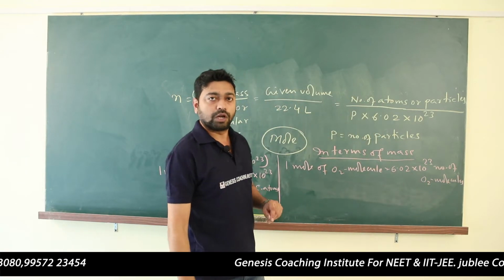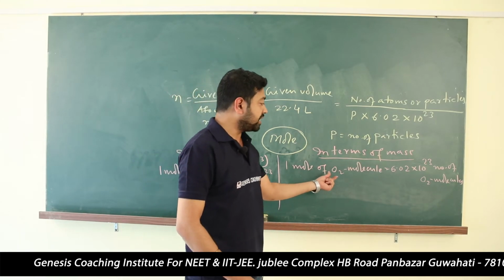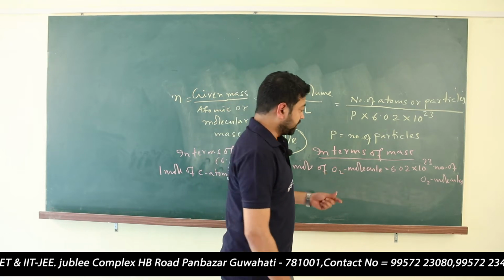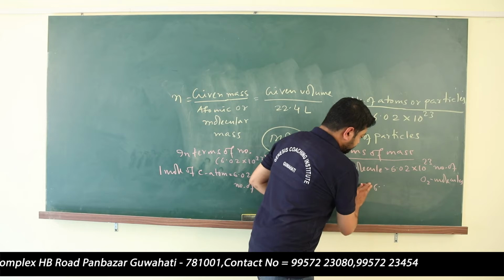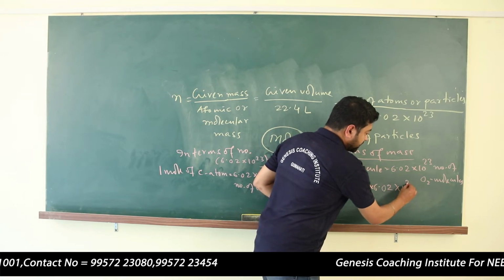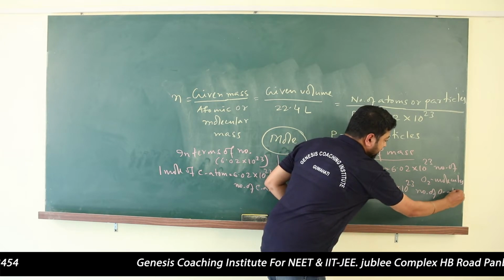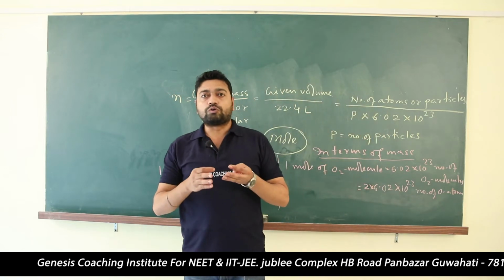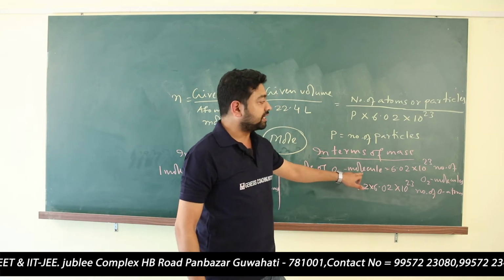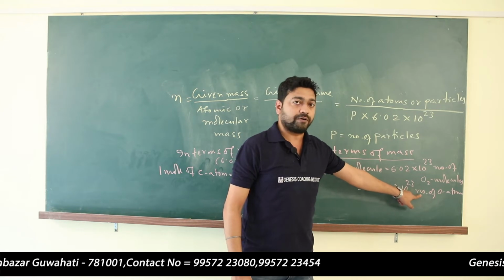When you convert this molecule into atoms, 2 oxygen atoms are present, that is why 2 into 6.02 into 10 to the power 23. The unit is number of oxygen atoms. So go through the question very carefully, because a molecule can be converted in terms of number of molecules as well as number of atoms.